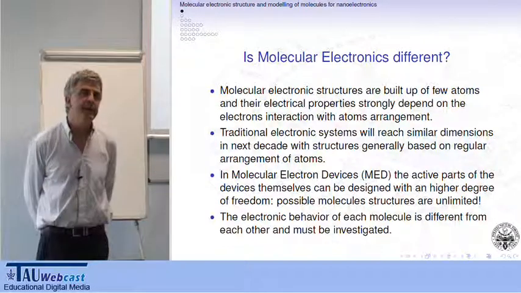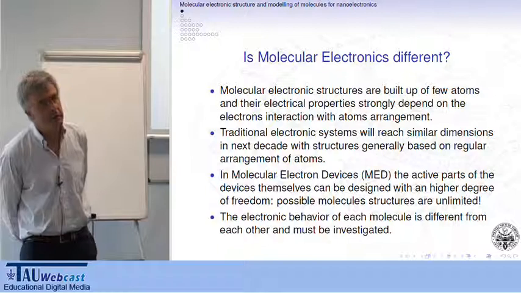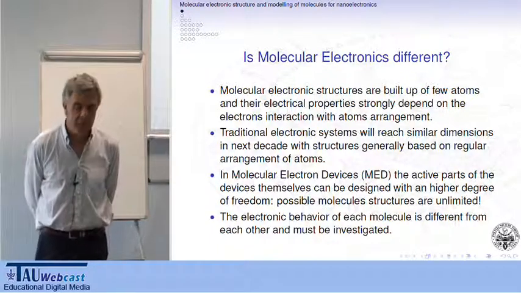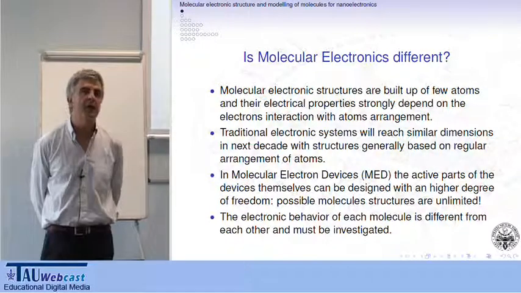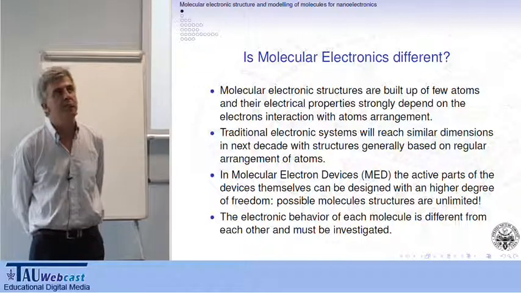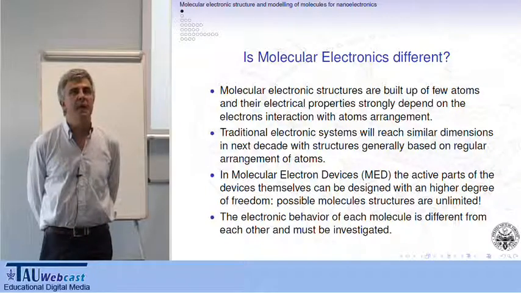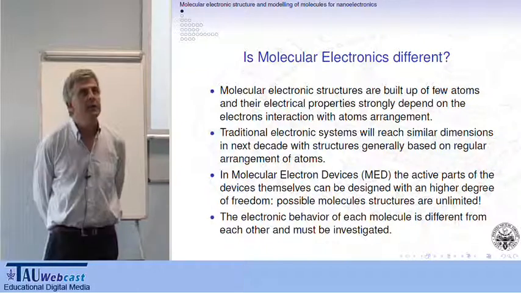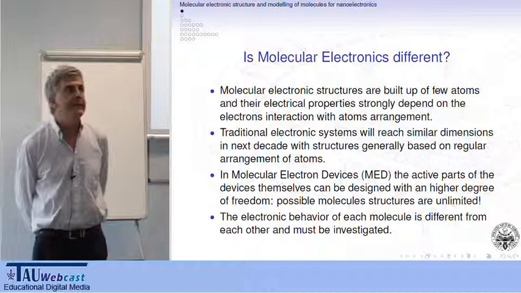So in traditional electronics we have similar problems, but you know that in materials for electronics generally we have regular structures, we have a lattice where the electron can be described by using many tools developed for electronics, like the energy band diagram and so on.